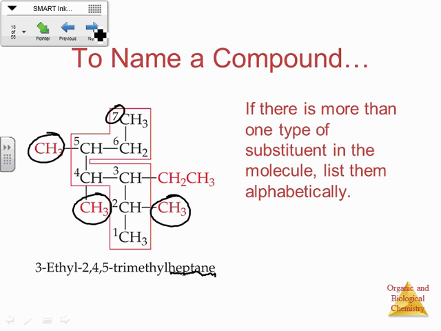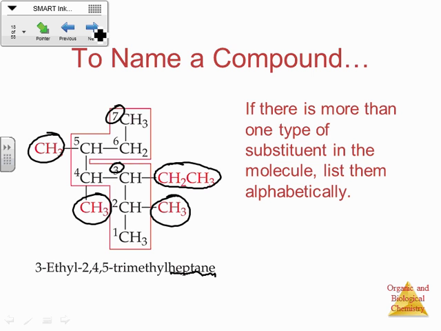And then we also have an ethyl group, one that has 2 carbons coming off of the chain. The ethyl group comes first because alphabetically it's first. So we're going to call this 3-ethyl because the ethyl group is coming off of carbon number 3. And then we're going to call it 2, 4, 5-trimethyl.